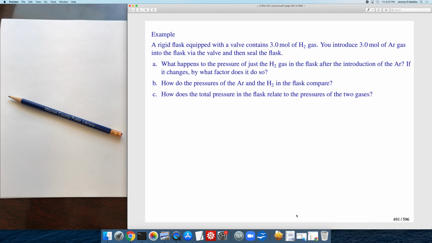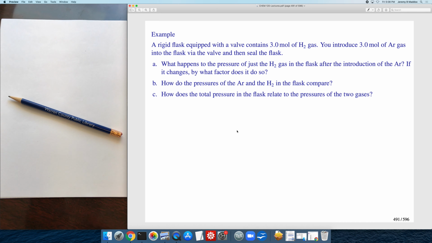Well, this is an ideal gas mixture. Okay, and so the hydrogen gas and the argon gas don't interact with one another at all. They're independent of each other. And so the pressure of the hydrogen gas isn't going to change just because you introduce argon gas. It's going to have the same partial pressure that it did before. How do the pressures of the argon and the hydrogen compare?